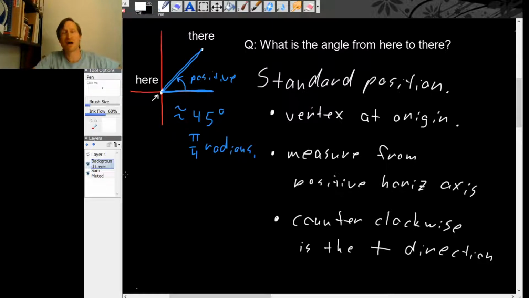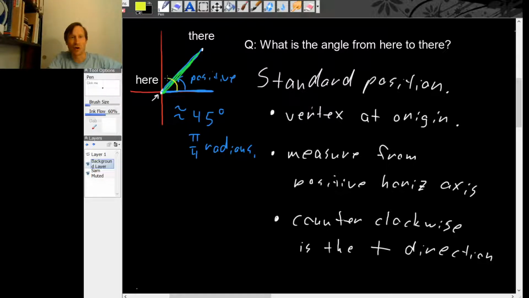Now, one tricky thing about working with angles is knowing where this ending side is. That's not enough to know what angle you're talking about, because there's more than one way to get up to this ending side. So if you look at it, when I was drawing this blue arc to indicate this angle, I didn't really need to stop at this side. I could have kept going like this.